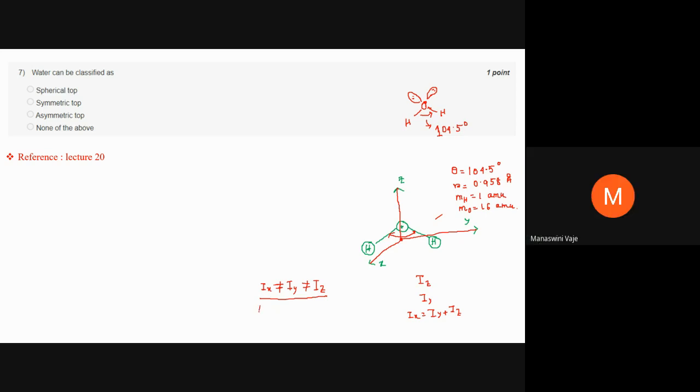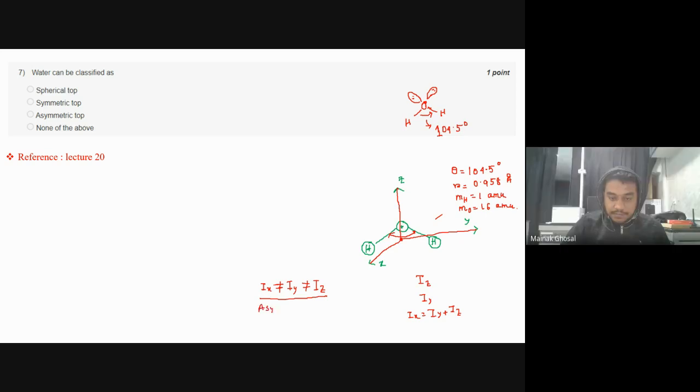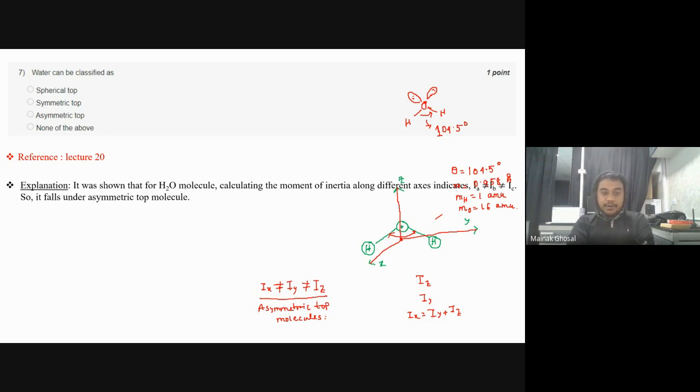Asymmetric top. Okay. So for water, calculating the moment of inertia along different axes indicates Ia is not equal to Ib, which is not equal to Ic.